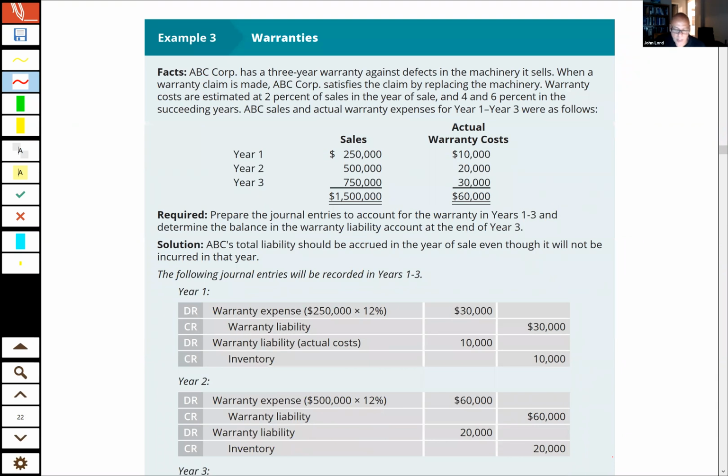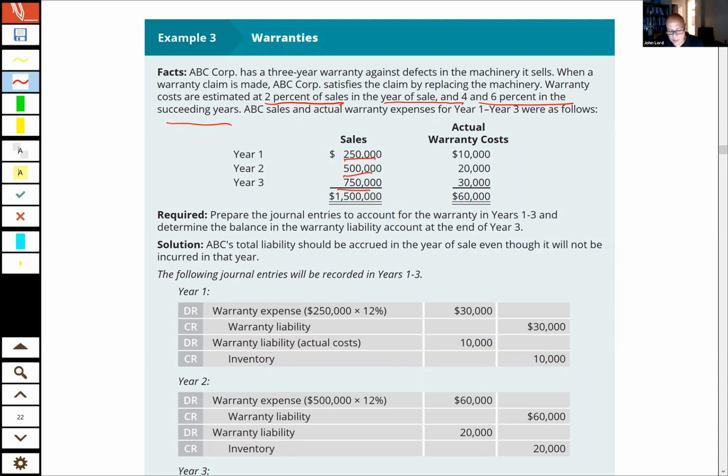So what happens? We have sales of these different amounts, and they tell me that the way these claims come in is 2% in the year of sale, 4% the year after the sale, and 6% in the succeeding years.